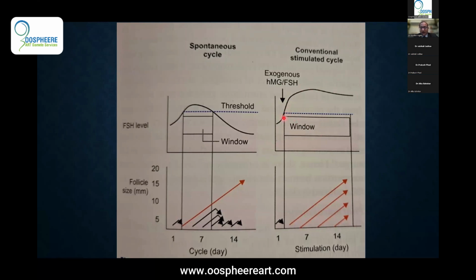Now important, the higher you take the FSH level above the threshold, the more follicles you will have. I'll give you one example. If you are doing an ovarian stimulation protocol for a 28 year old lady, her antral follicular count is 10 on each side. What happens if you start 150 of HMG on the second day?